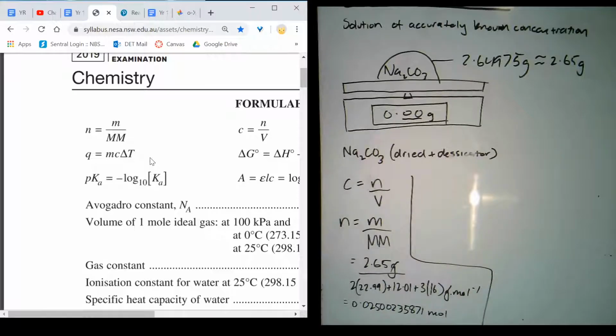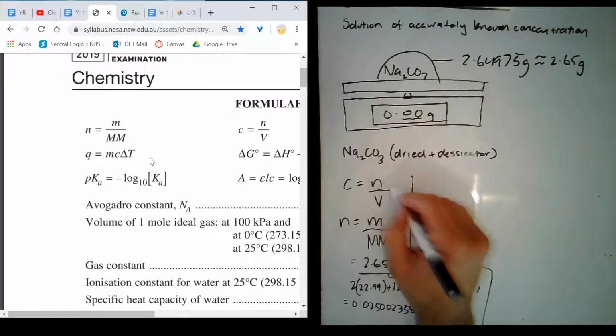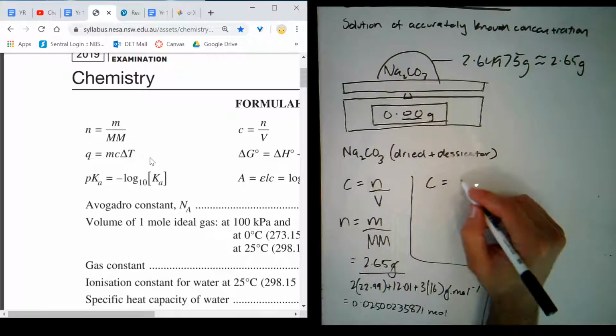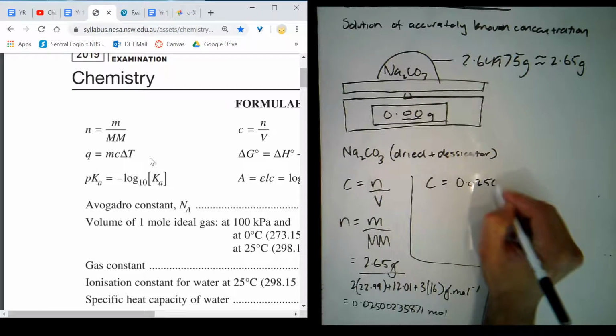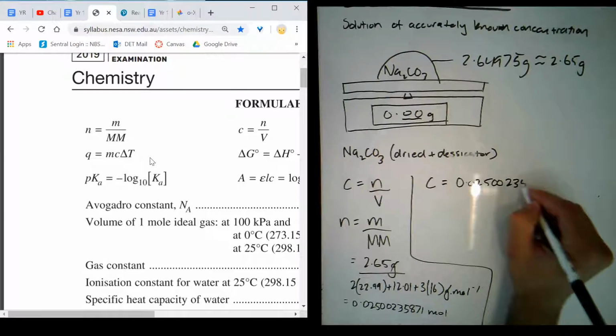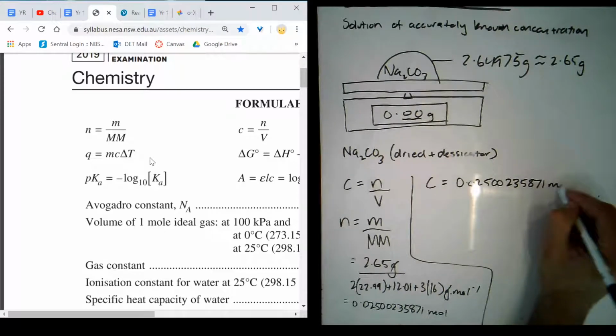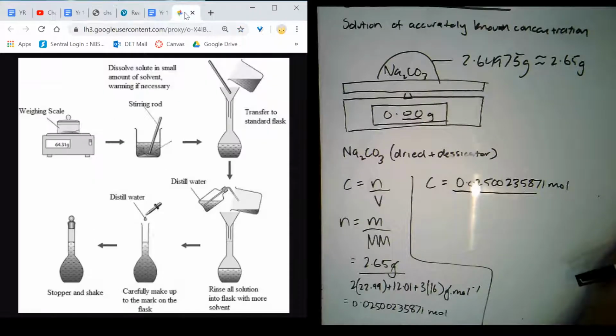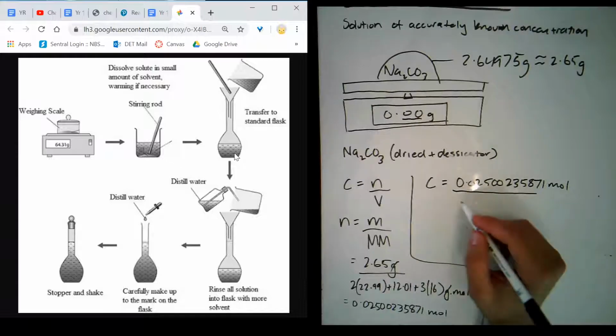Okay, so let's use this number now and let's use this formula to work out our new concentration. Our concentration now is our number of moles, 0.02500235871 moles. Our volume of our volumetric flask, like we just talked about before, so this piece of equipment here, is 0.25 litres.